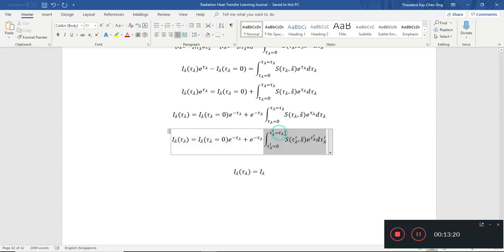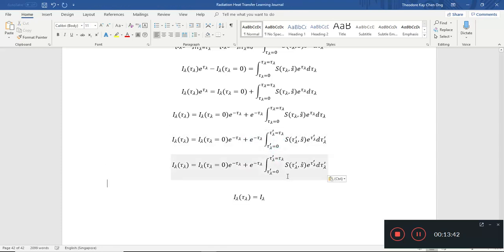So this is wherever tau lambda is, and this will be a constant. Tau lambda is a constant. It depends on what we set tau lambda as, and since tau lambda is a constant, we can bring it in.